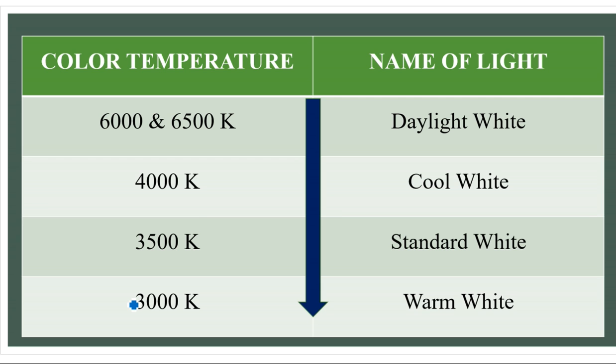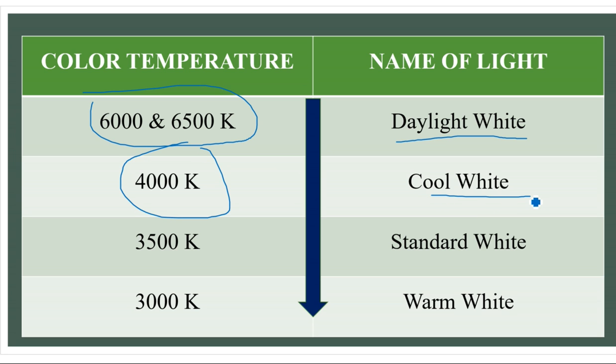Just to give you an idea, if the color temperature is 6000 to 6500 Kelvin, it is almost similar to daylight white. It is known as daylight white, and at 4000 Kelvin, it is cool white. Then at 3500 it is standard white, and at 3000 Kelvin and lower it becomes warm white, right?